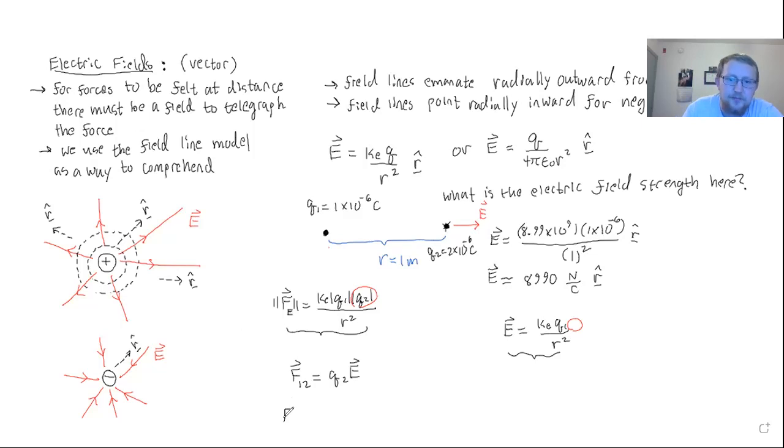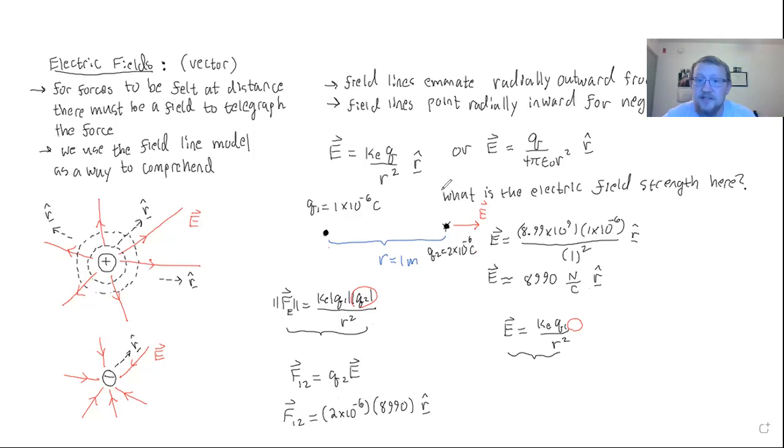And so the force that 1 applies on 2 is going to equal charge 2, which is 2 times 10 to the minus 6, times the electric field we calculated that was created by charge 1 at this point 1 meter away from it, which is 8,990. And of course, this is in the r hat direction because Q1 is a positive charge and Q2 is a positive charge.